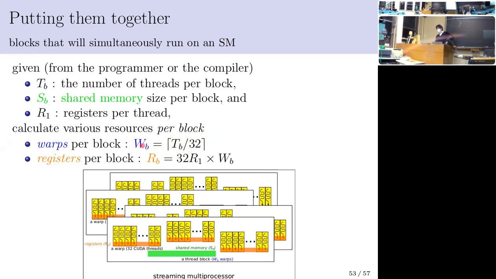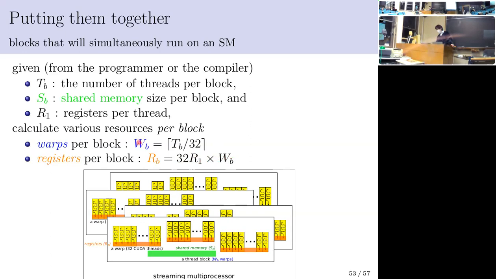And you translate registers per thread into registers per block by multiplying R1 by 32, the number of threads in a warp, and further multiplying by the number of warps per block, WB. So this is the number of registers you need per block.